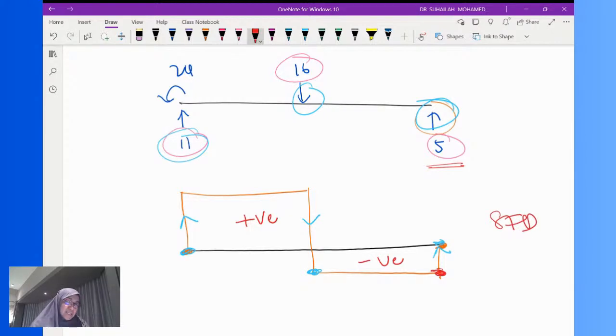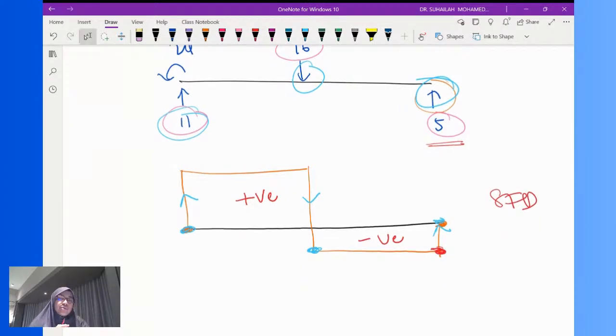Next we will draw the bending moment diagram from the area of the shear force diagram, without writing the moment equation. Previously you have learned how to draw the bending moment diagram by substituting the x value into the moment equation.